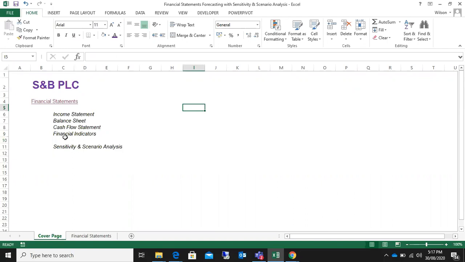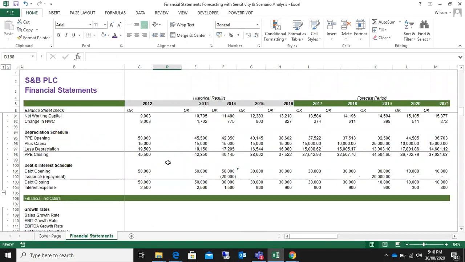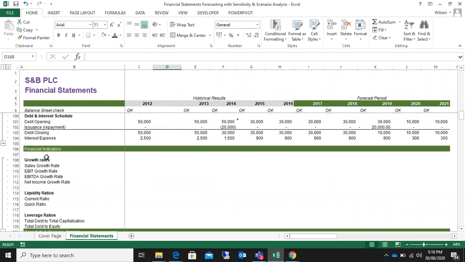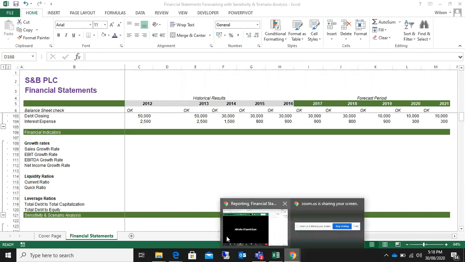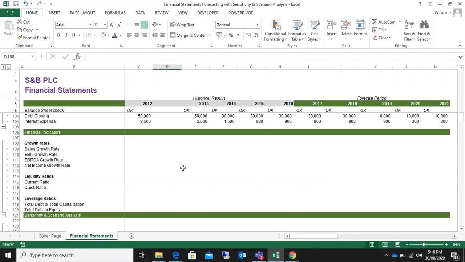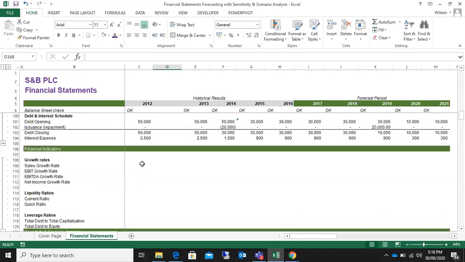Because you are reading the cash flow statement in line with the financial indicators, and those two things give you an overview of the performance of the company. So let's quickly go into this.